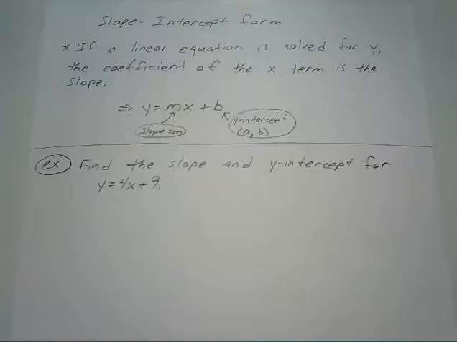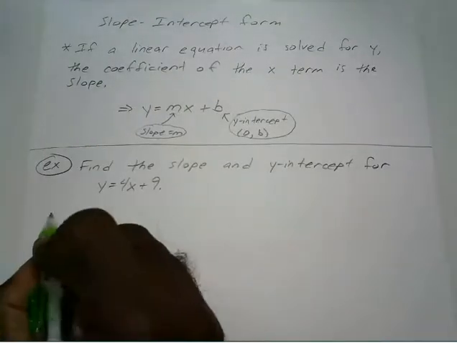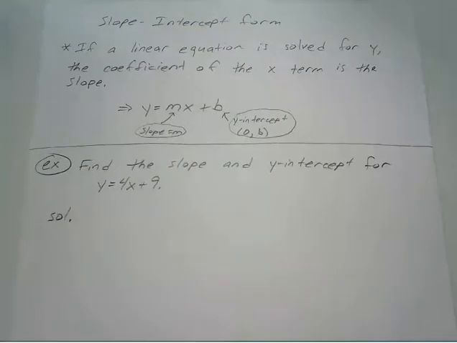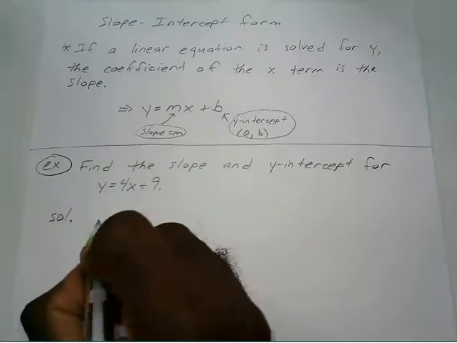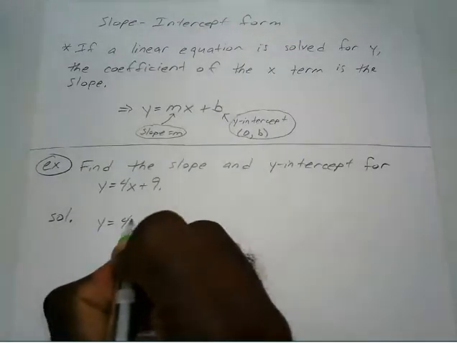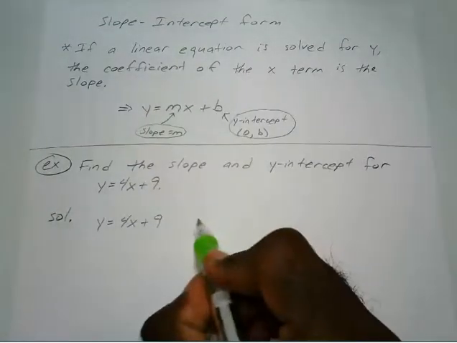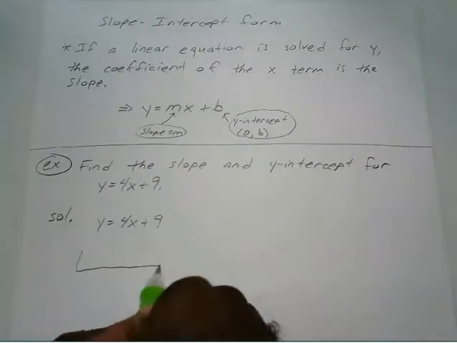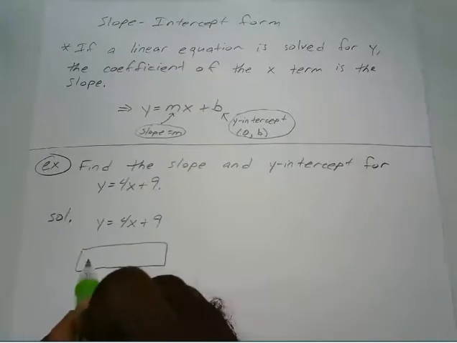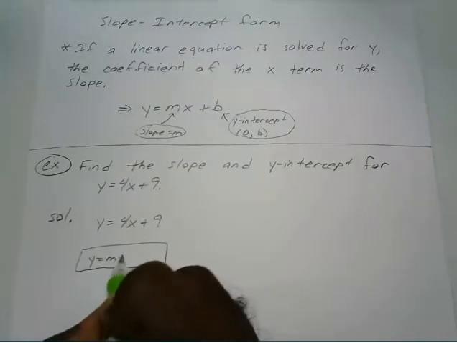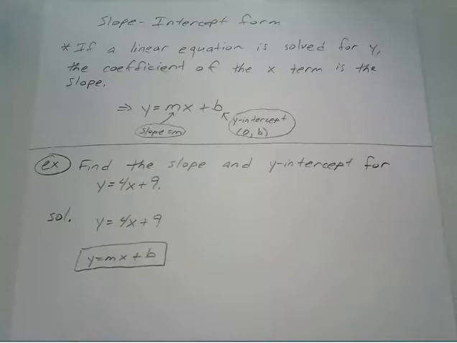To find that, we have y equals 4x plus 9. Remember, that's in the form y equals mx plus b. That's the slope-intercept form you're looking for.